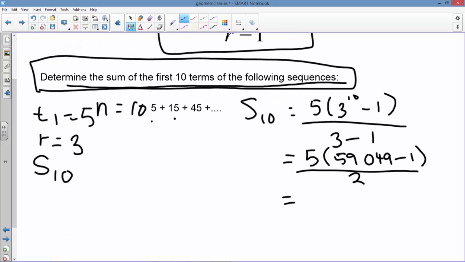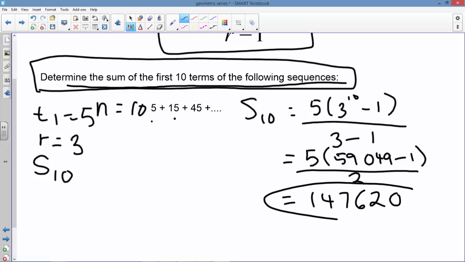Again, you would stop and do this whole calculation yourself. So minus 1 times 5 divided by 2 is 147,620. Big numbers, but you're trying to find the sum of 10 terms, so it's going to get pretty big.